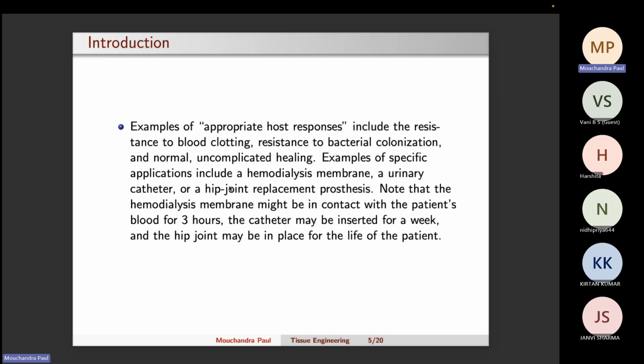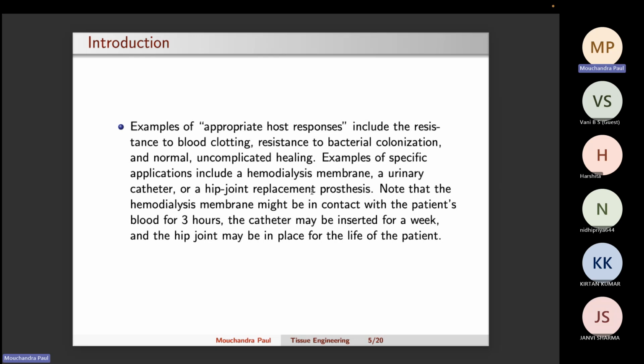And when you are using prosthetics like hip or knee prosthetics, after surgically implanting them into the body, they should promote normal healing, not complicated healing.